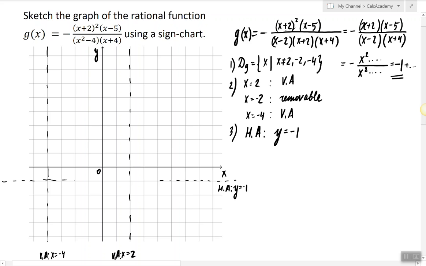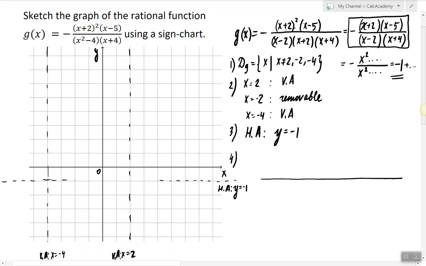Now we have all the asymptotes, and step 4 is to construct the sign chart. To construct the sign chart, we're going to use the function written in the simplest form, and look at all the factors.